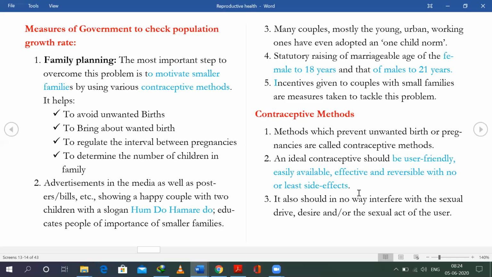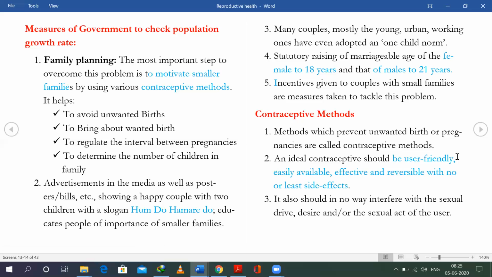And when you say contraceptive, what is the nature of the contraceptive? It should be user friendly. That means you should not have all these complications to use it, right? If it is complicated to use, a layman cannot use it, and people who find it difficult might not find it useful as well.